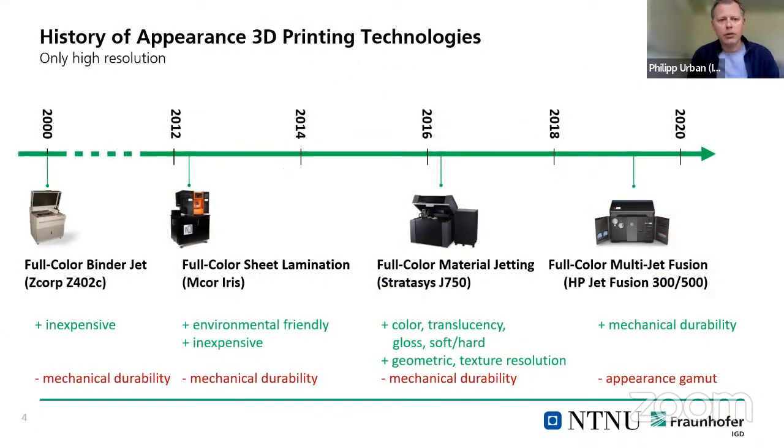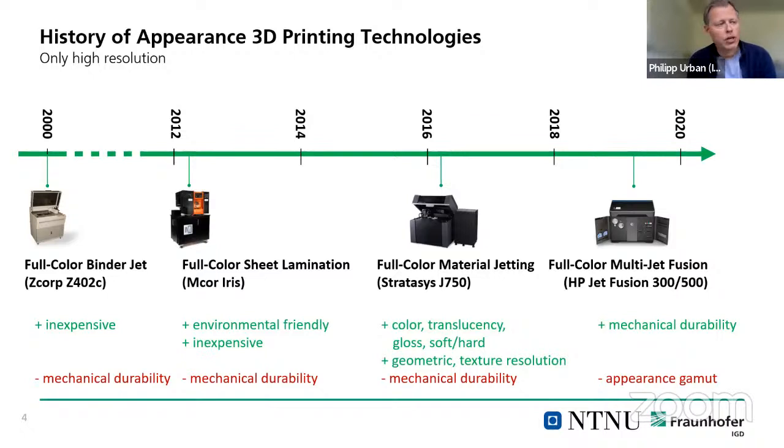Okay, let's have a quick look into the history of appearance 3D printing. The first full color printers came out in 2000 with binder jetting systems, and then we have the sheet lamination systems. Recently, like 6 years ago, full color material jetting printers came out from Stratasys, and approximately 3 years ago, full color multi-jet fusion printers.